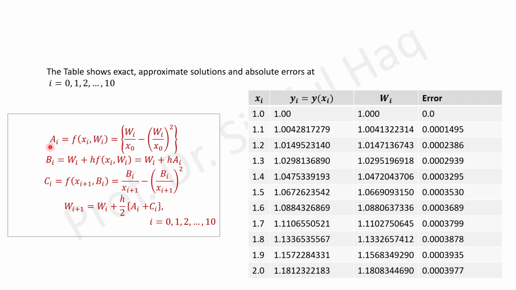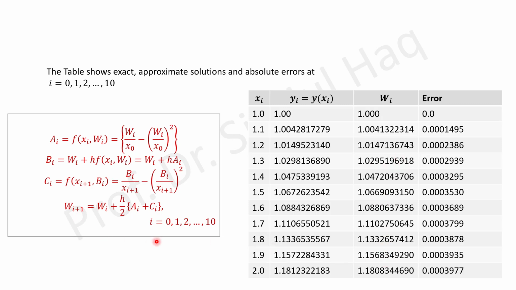When i is equal to 1, compute A1, B1, C1, and accordingly W2, and W2 will be your solution, which is given by this. Then i is equal to 2, so A2, B2, C2, W3, and this process will continue.